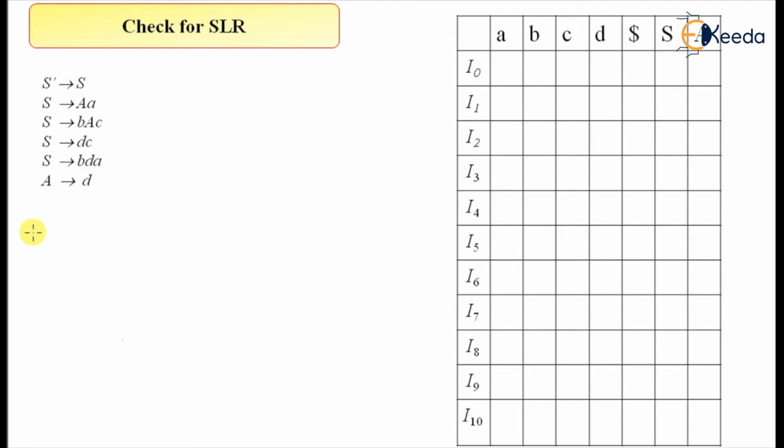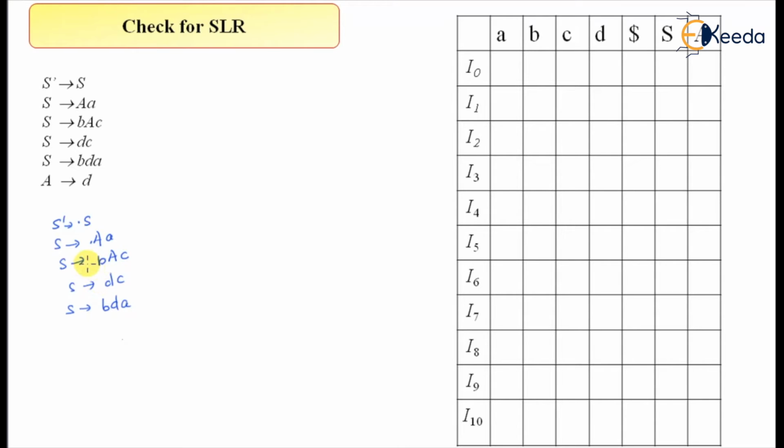It starts with S' derives dot S. The dot is in front of S. All the productions starting from S: S derives dot AA, S derives dot BAC, S derives dot DC, S derives dot BDA, and dot A derives.